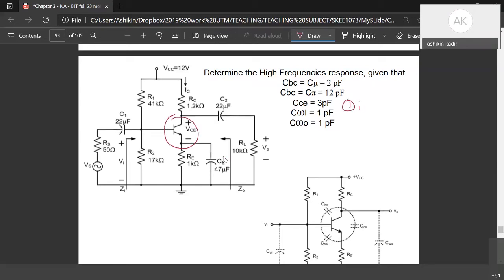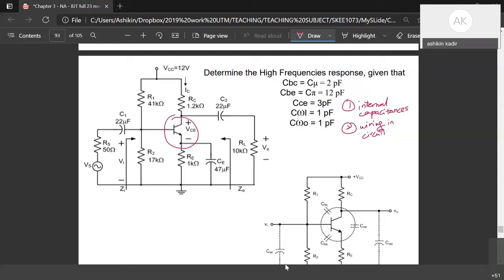First is the internal capacitance, which is caused by the PN junction. And then the wiring in our circuit. We denote it as C wiring input and also C wiring output.